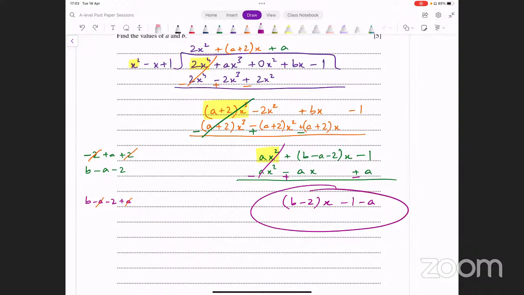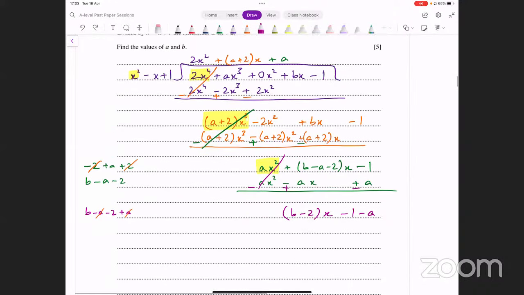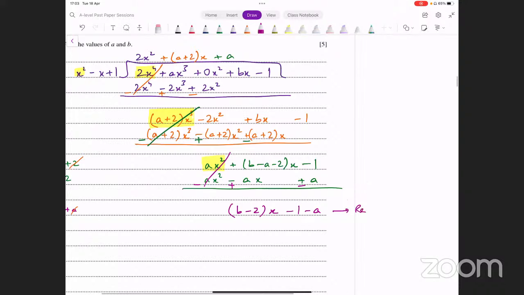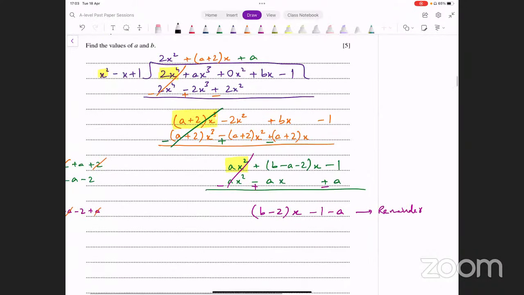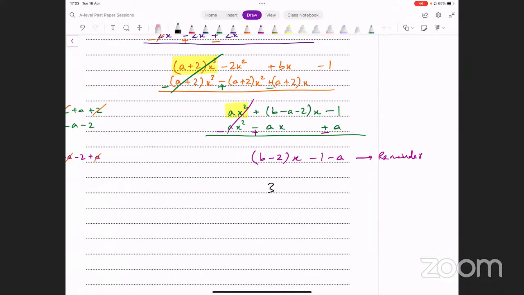And now it's pretty straightforward after this. This is the remainder that we are getting. And they have given us that the remainder is supposed to be 3x plus 2. We just compare with that. So the remainder that they have given is 3x plus 2. You compare the two and you say, okay, in place of 3, we are getting b minus 2.